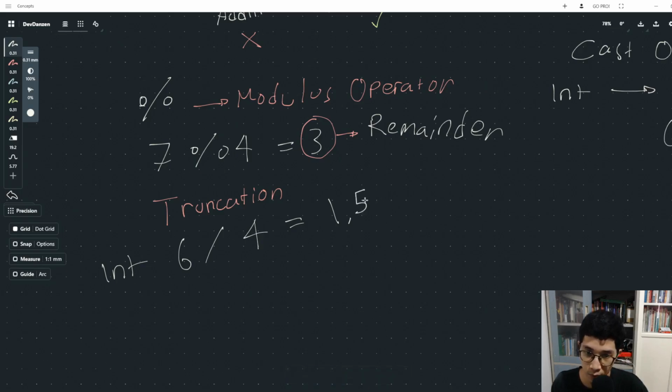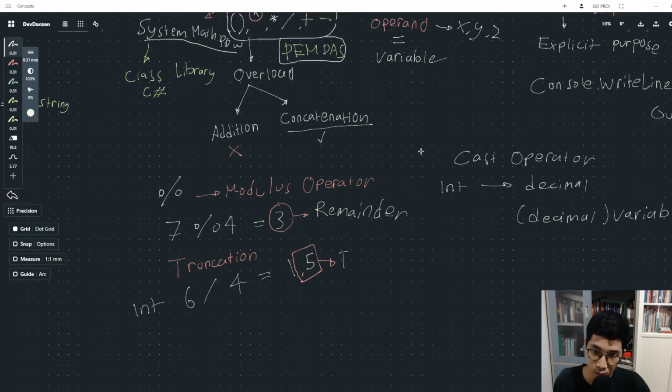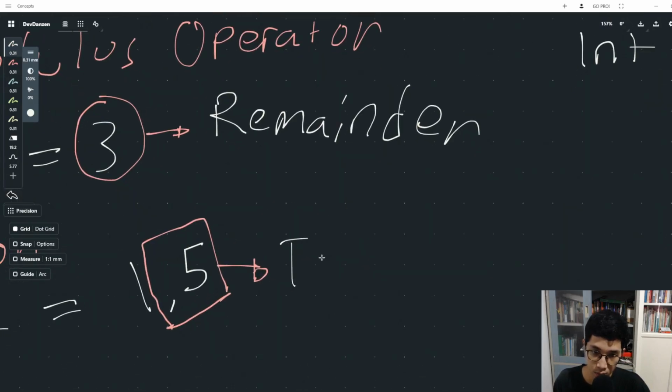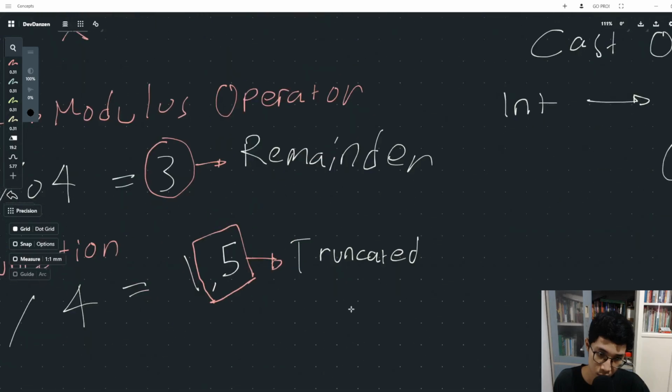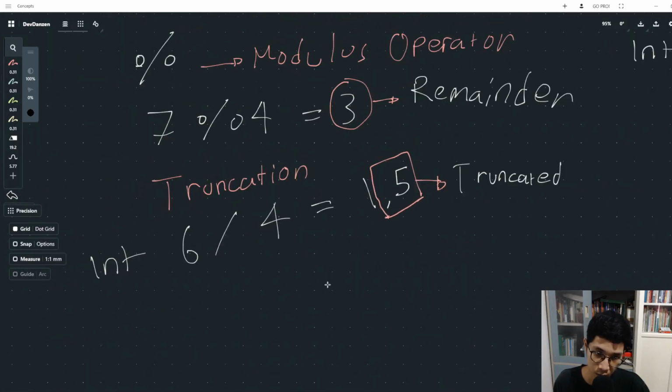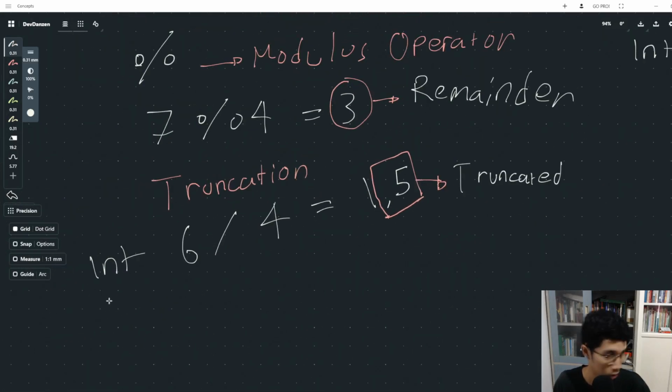Okay, 1.5. But this one is truncated, because it's still using the integer data type.